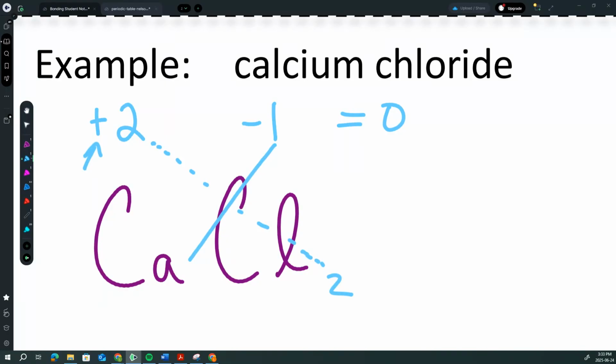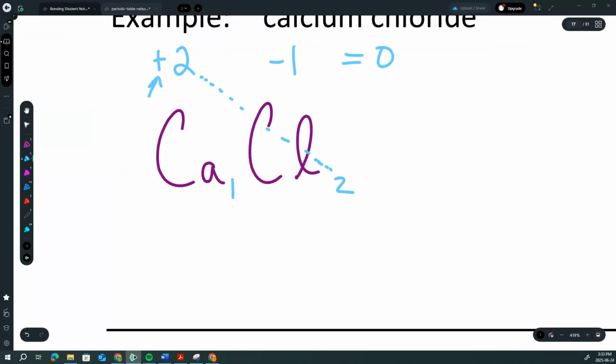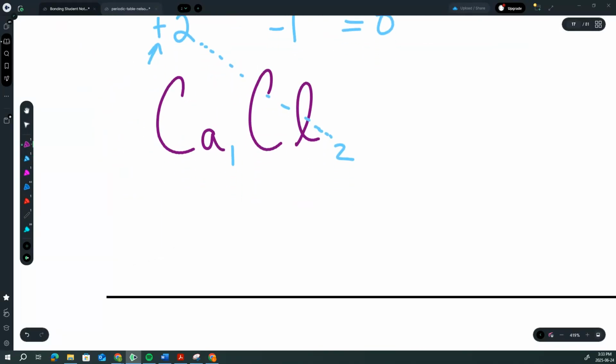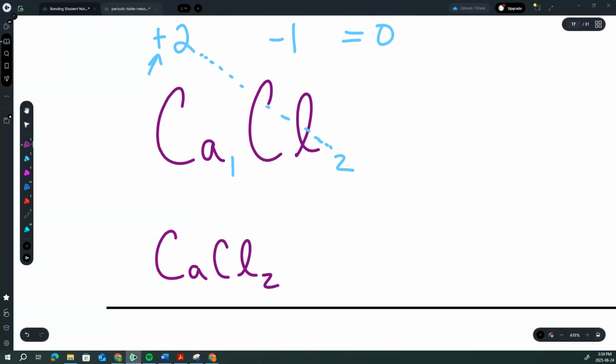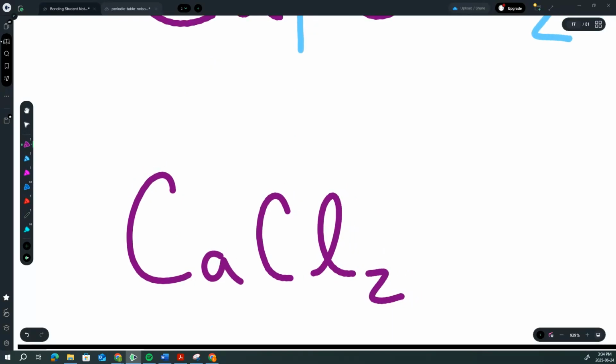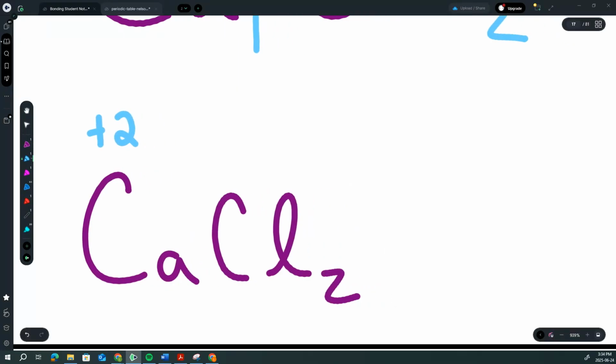And you would never write the negative for the subscript, but you can if you want, okay? But most of the time, the 1 is not written explicitly. So now, if we check to see if the charges are balanced here, calcium still has that 2+ charge, okay?